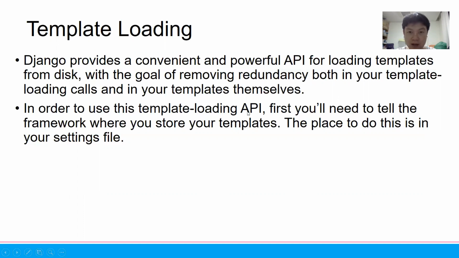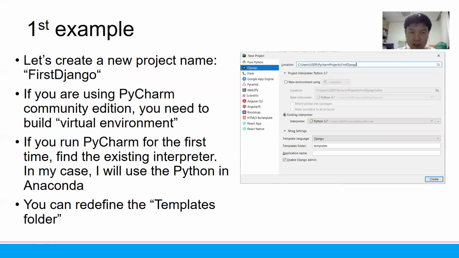What is the API? It is the application programming interface. So the HTML will be connected to the Python file. First you will need to tell the framework where you store the templates, and you need to configure this in your settings file.